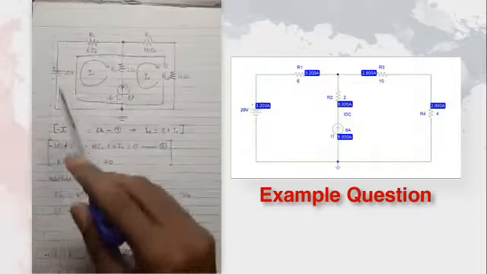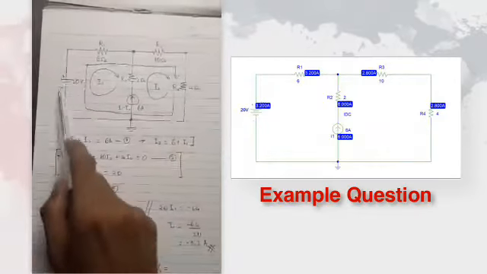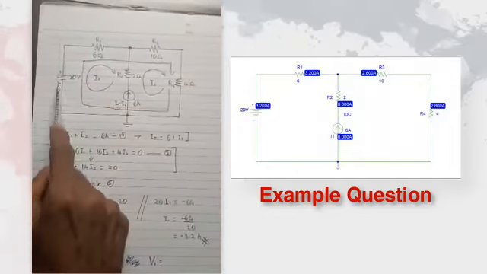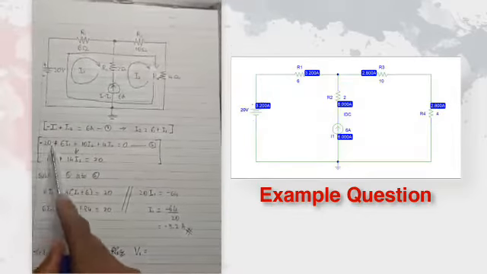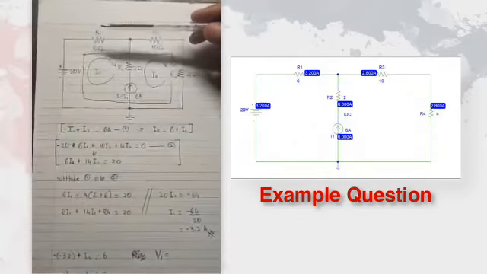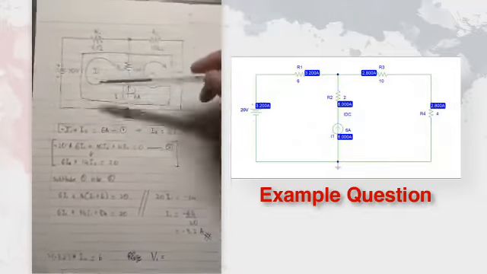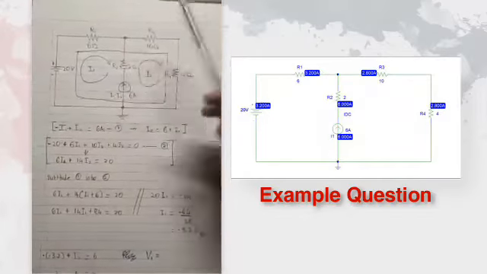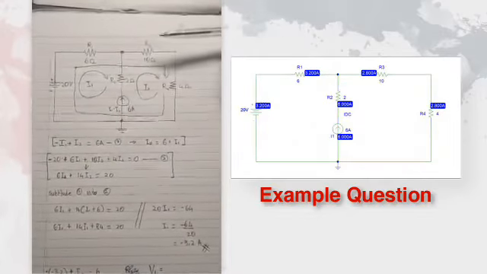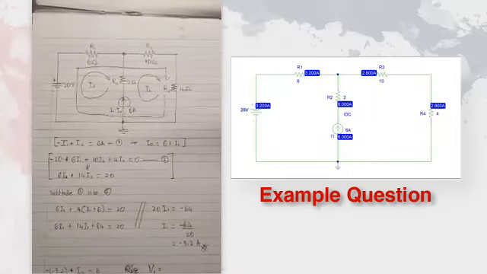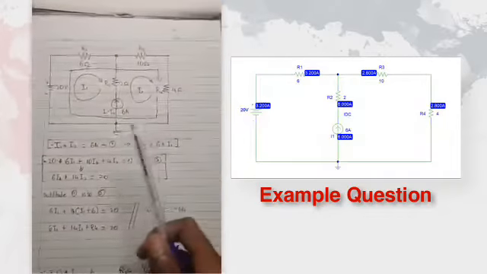Firstly, the current flow here is going through negative, so the voltage becomes negative 20 plus 6 I1, since the resistor is sharing I2, plus 10 I2 plus 4 I2 equals 0.